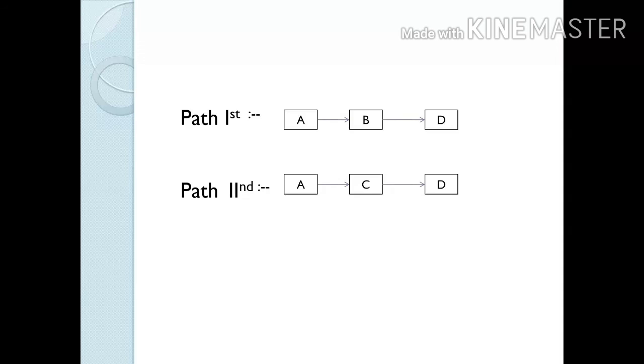Thus, the duplication of inherited members due to multiple paths can be avoided by making the common base class a virtual base class, while declaring the direct or intermediate base class as shown on screen.